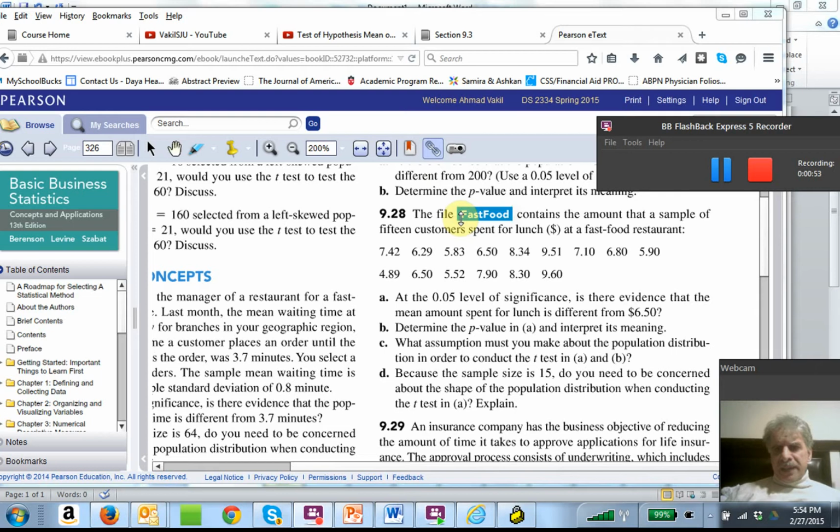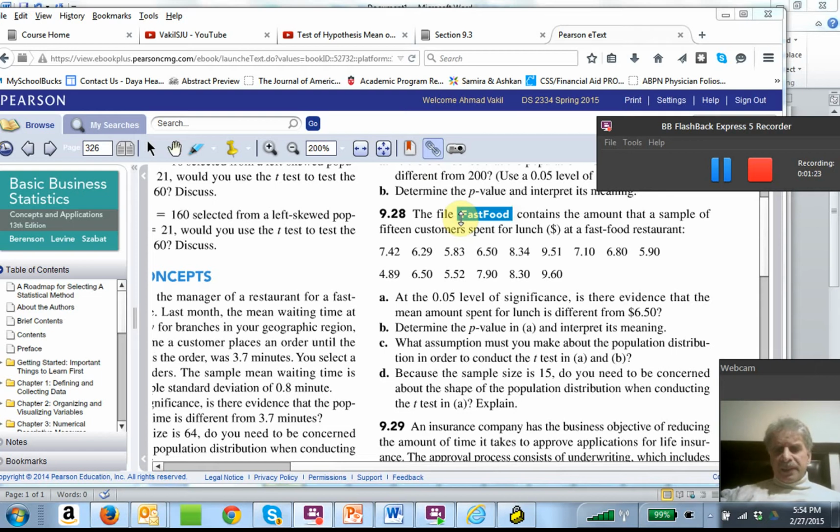Part B asks me to determine the p-value in part A and come up with its meaning. Part C, what assumption must be made about the population distribution in order to conduct the t-test in parts A and B? And part D is saying if the sample size is 15, do you need to be concerned about the shape of the population distribution when conducting these tests?